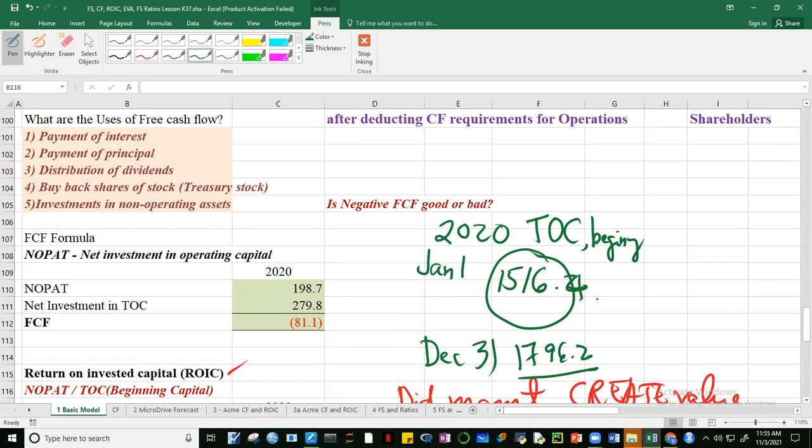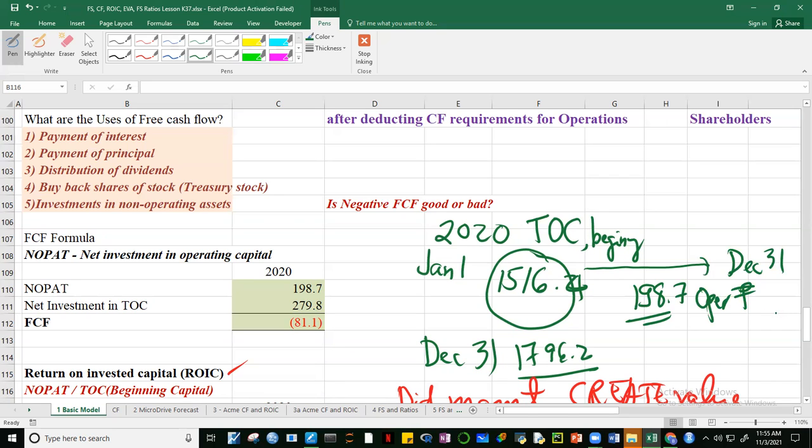We're going to assess you based on your operating profit. So how much profit was generated by the firm? For the whole of 2020, from January 1 up to December 31, the company generated an operating profit of 198.7.